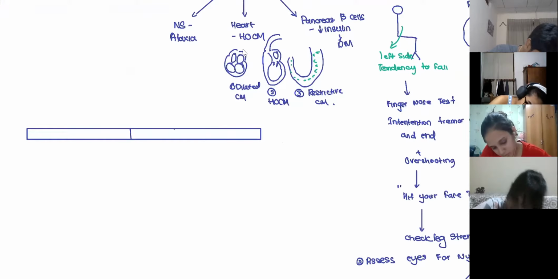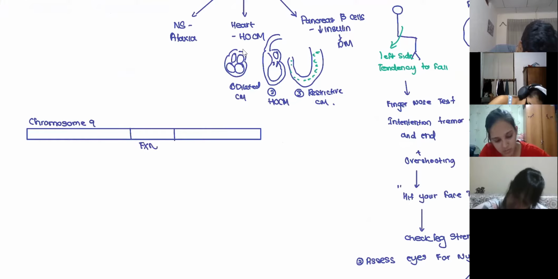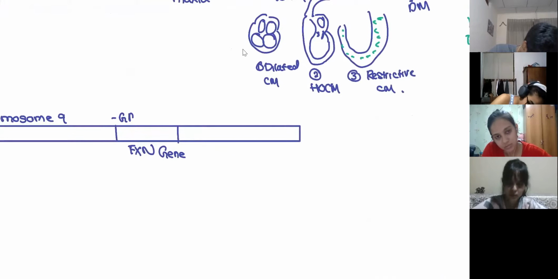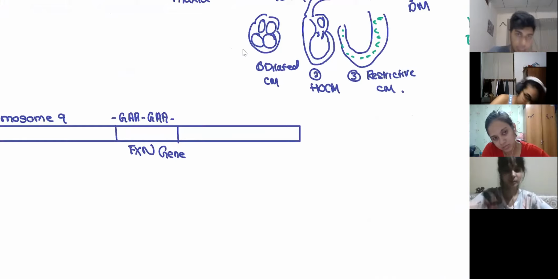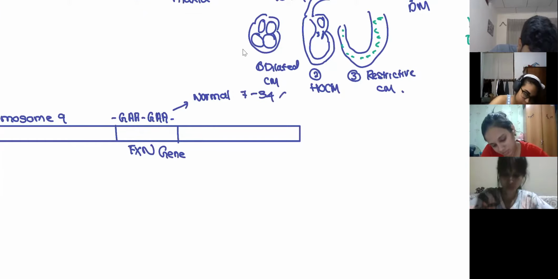Okay, so in chromosome 9, there is a gene called the FXN gene. Usually, there is a repeat of GAA. Normally, it is repeated 7 to 34 times.